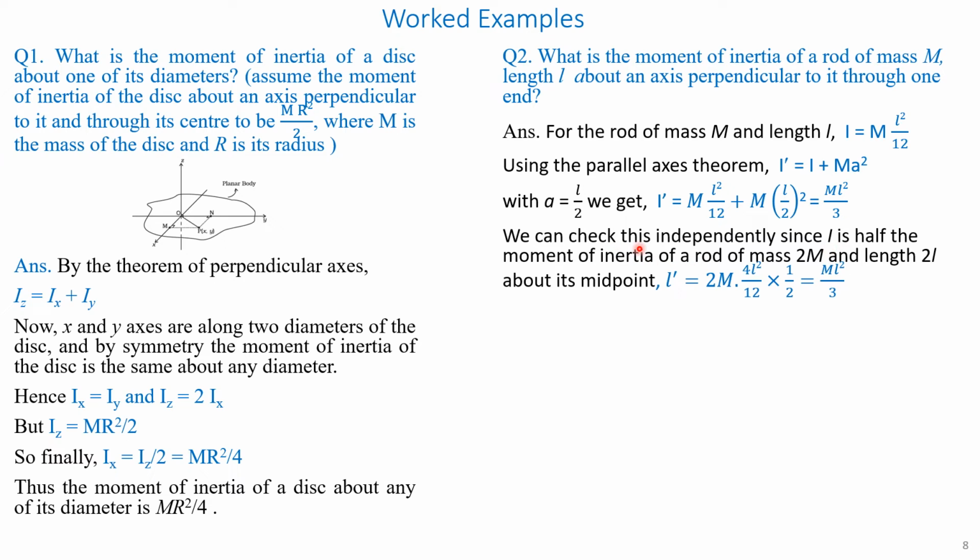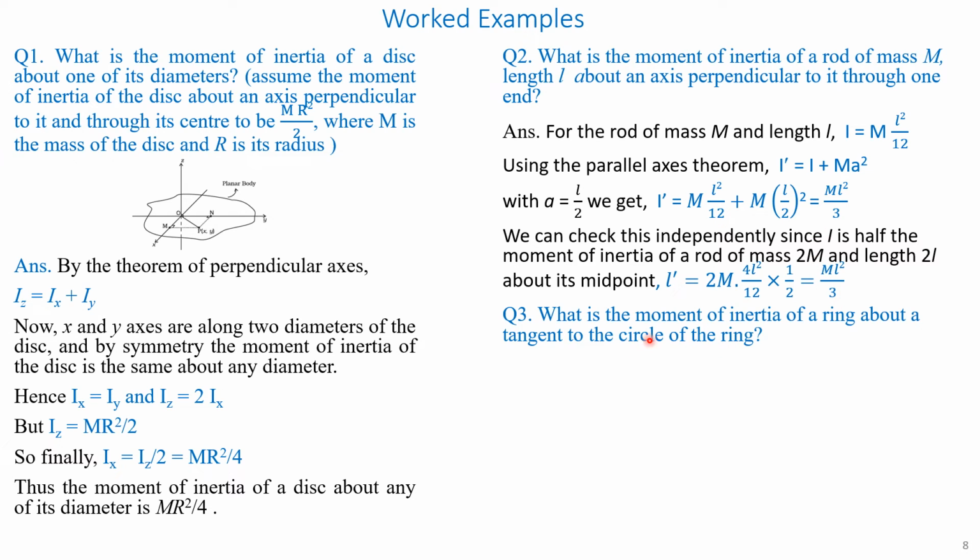We can check this independently, since I is half of the moment of inertia of a rod of mass 2m and length 2L about the midpoint. I dash will be equal to 2m into 4L square by 12 into half, that is equal to mL square by 3. This is the answer which was proved earlier.